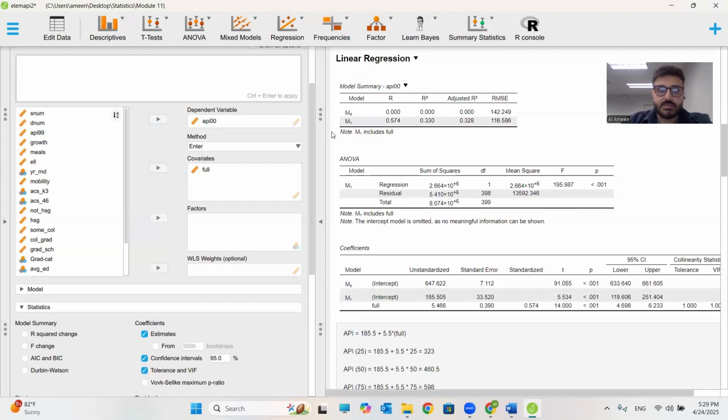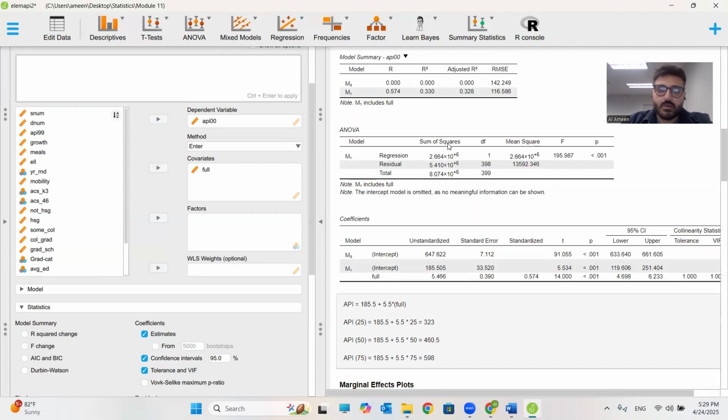And then we can see that it shows the coefficient R value of 0.574, just like we saw in the correlation tab up above. And over here, it reports the R squared value of 0.33.